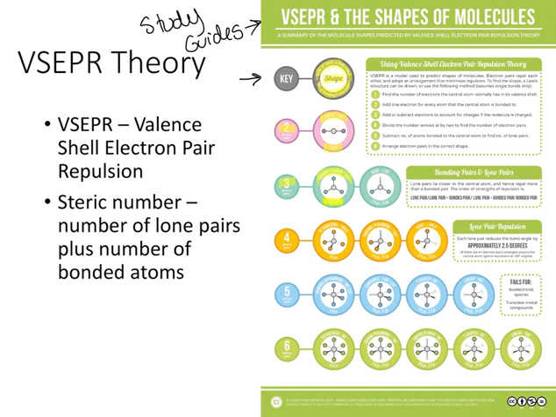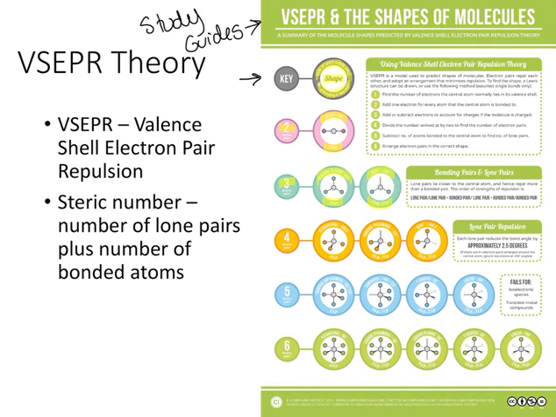So again, we have three groups. But one of those groups could be a lone pair of electrons. So it just depends on the molecule you're looking at. But if you have two bonding pairs and one lone pair, that is a bent shape, or sometimes it's referred to as an angular shape.